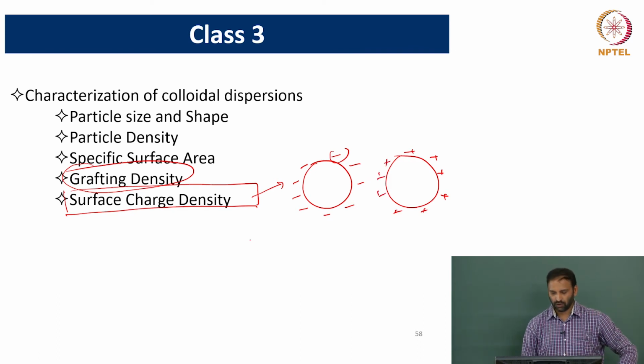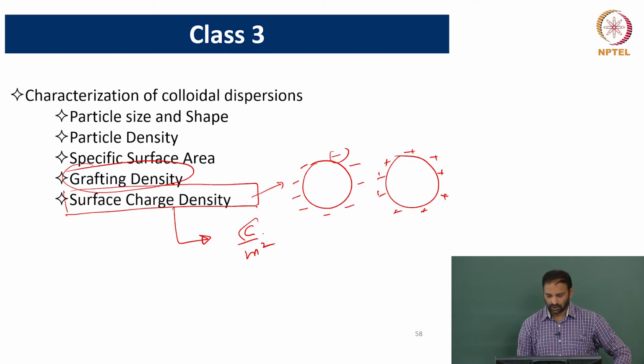If I know the number of charges on the particle surface, typically surface charge densities will have units of coulomb per meter square. And this essentially comes from the total charge on the particle surface.